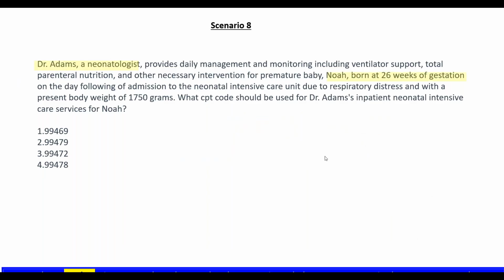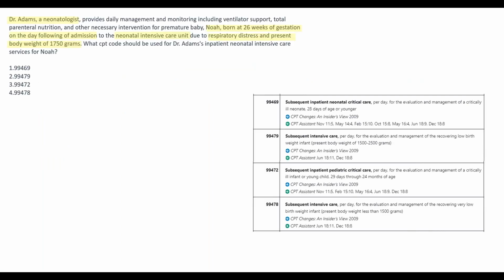Dr. Adams, neonatologist, Noah born at 26 weeks of gestation, premature baby, on the day following admission, neonatal intensive care unit, present body weight 1,750 grams, and neonatal intensive care service for Noah is what we are looking for.